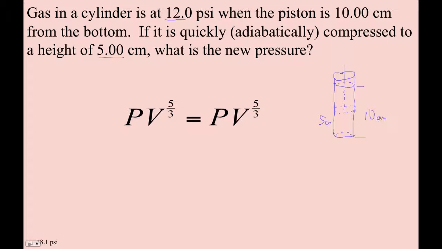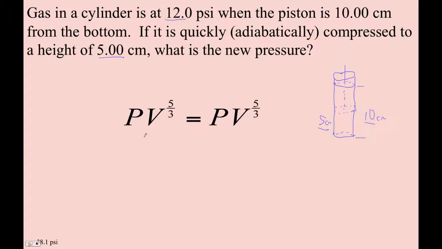The centimeters from the bottom is going to stand in as a proxy for the volume. It's directly proportional to the volume. The centimeters times the area is the volume in some units, so it would be cubic centimeters if you did this in square centimeters. So we're just simply going to use the 5 and the 10 as volumes.